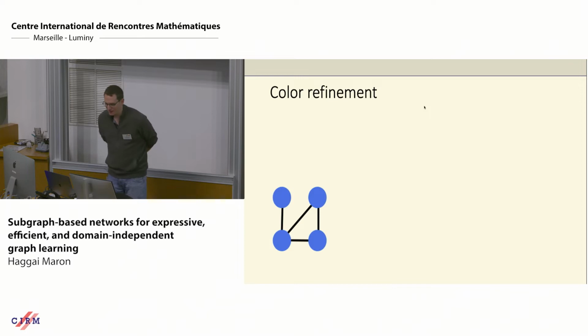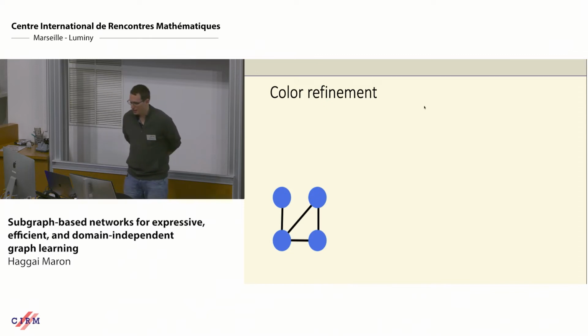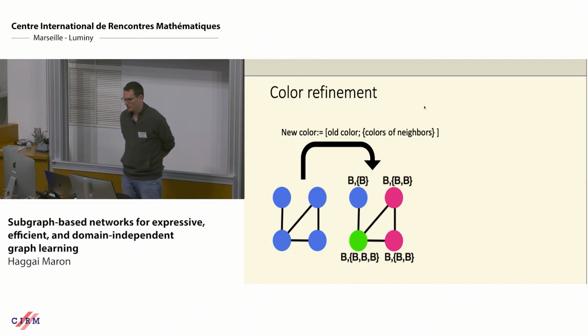Let's say that this is the initial graph. And we have the same features at the beginning on the nodes. After one iteration, we color each node by the current color and the multiset of the colors of its neighbors. We use a multiset because we don't really have a notion of order between those neighbors.